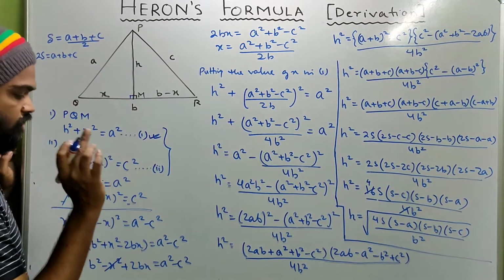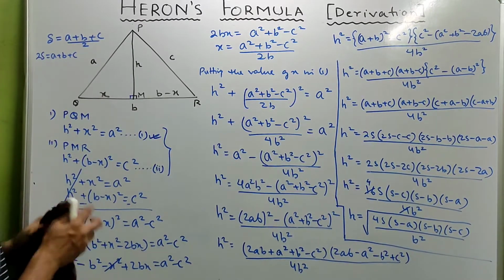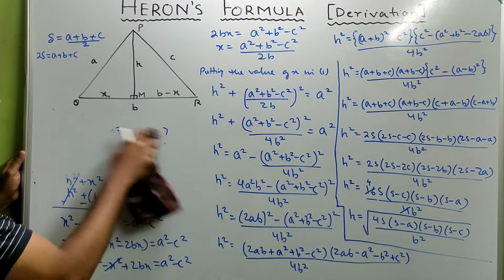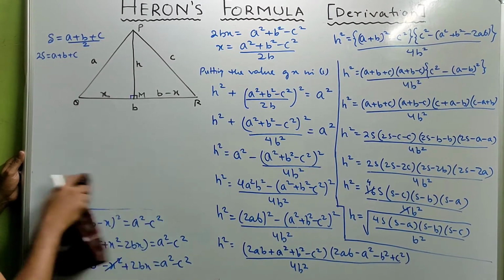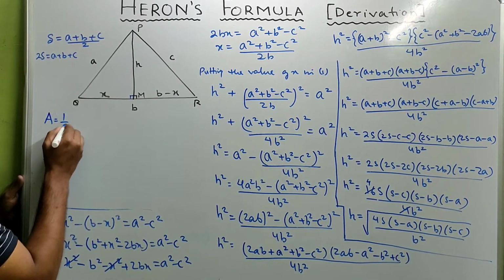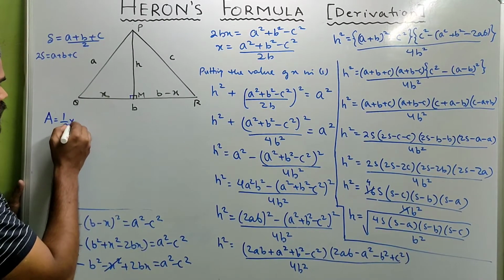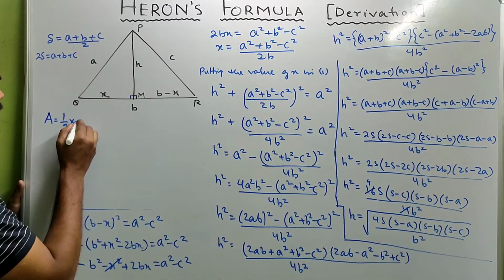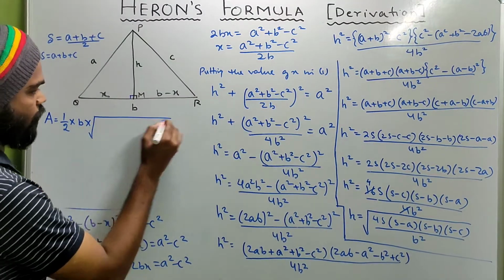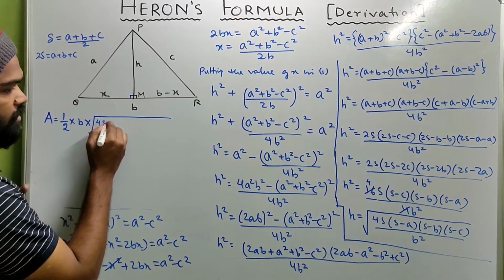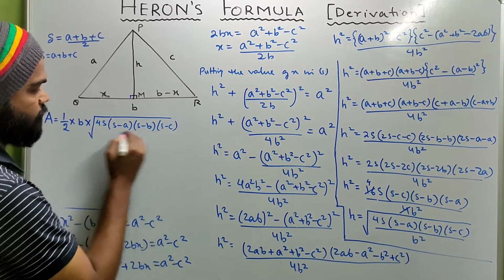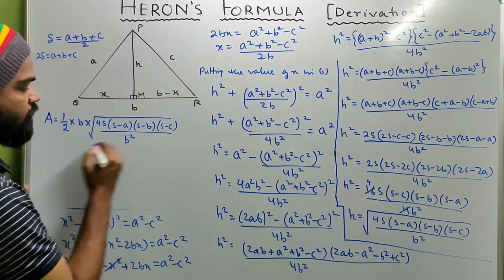Now the area of this triangle, what I'll do, I'll just rub this part, okay? Now just see, okay? Area is equal to half into base, which is b, into the height, which we just got, root of 4s, s minus a, s minus b, s minus c by b square.